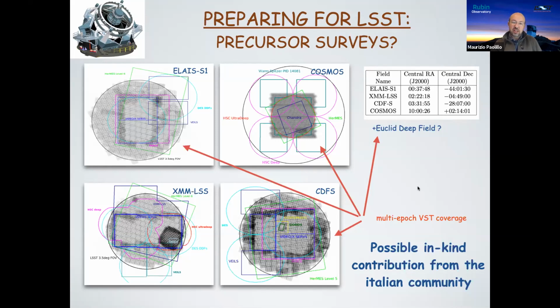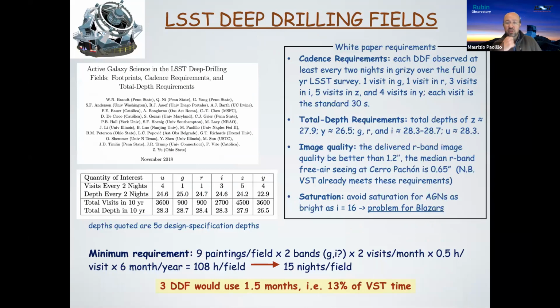There are other plans with other facilities, and so we're trying to coordinate within the AGN Science Collaboration, but this is something that we may want to consider, because if it's considered useful, support from the community will help to push this in the Italian community, because we will be able to access VST in its entirety starting from 2022. So all the time will become Italian, and so we made a plan. We try to assess what we need to do for follow-up observations.